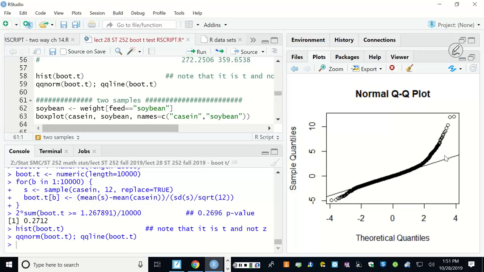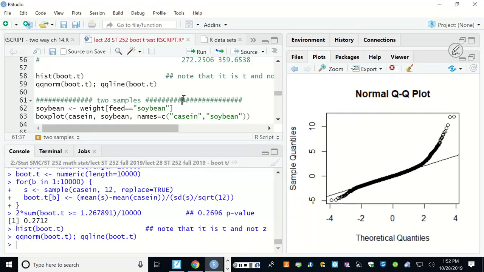Now it's not really normal, right? It's a t, so you would expect a little bit of that, but maybe this is a little bit more. And it's a little more pronounced on one side than the other, so that's skewness. So anyway, that's the concept: simulating the t-distribution instead of just using the theory, and making it match better to the small sample reality.